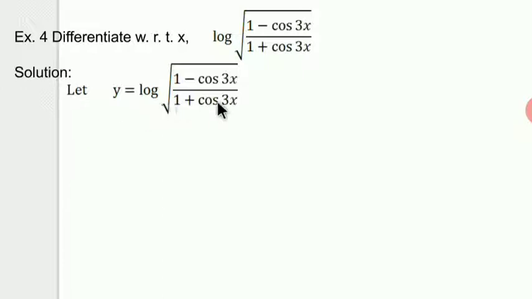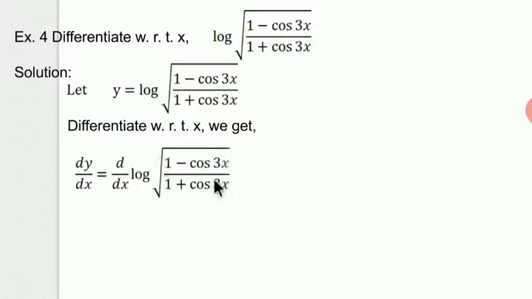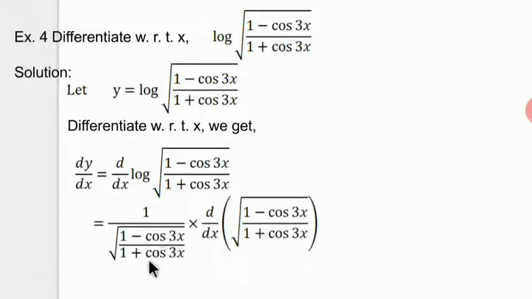So let y be the given function. Again here we use the formula for the derivative of log of f of x. We get dy by dx is equal to d by dx of log of square root of (1 minus cos 3x upon 1 plus cos 3x). It is equal to 1 upon square root of (1 minus cos 3x upon 1 plus cos 3x) into d by dx of the square root again. Now its reciprocal goes for multiplication. So we get square root of (1 plus cos 3x upon 1 minus cos 3x).